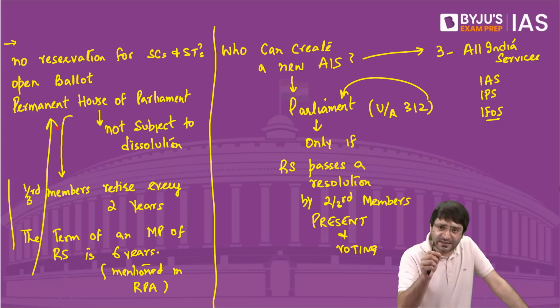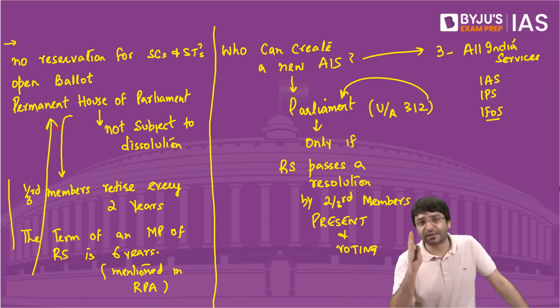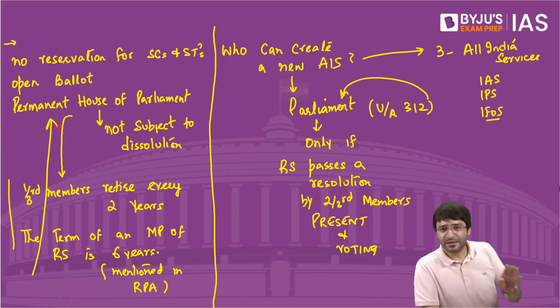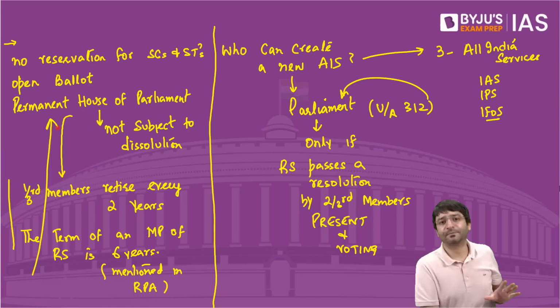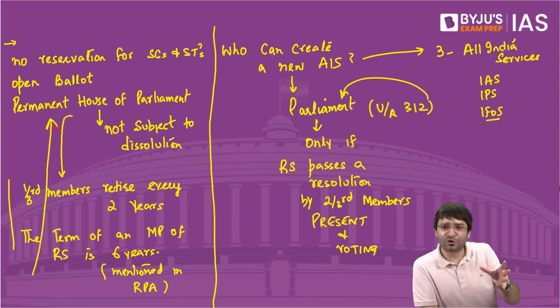On 6th of August 2019, when the Jammu and Kashmir Reorganization Bill was passed, at that time there were 4 MPs from Jammu and Kashmir in Rajya Sabha. 3 of these MPs were from Kashmir, 1 from Ladakh. But now Jammu and Kashmir is a union territory.